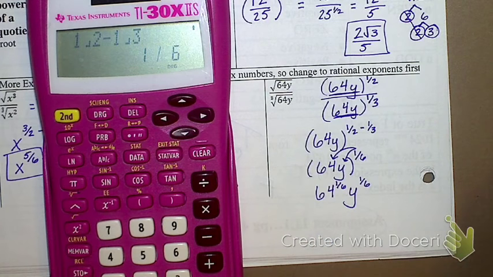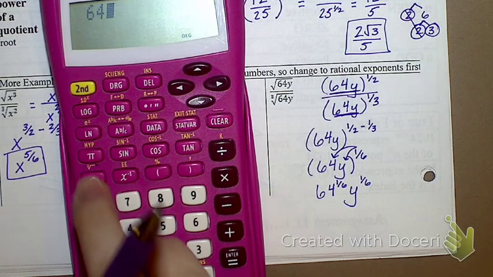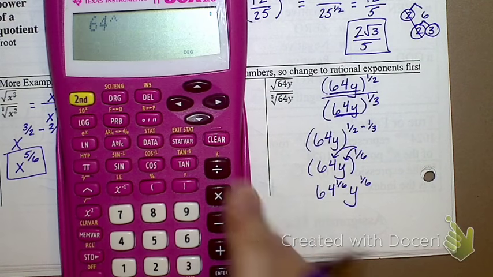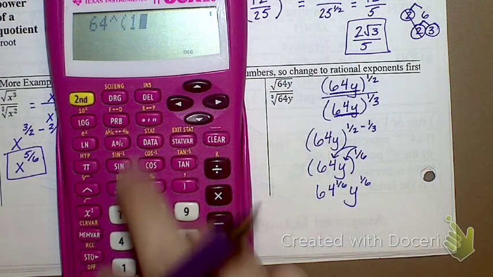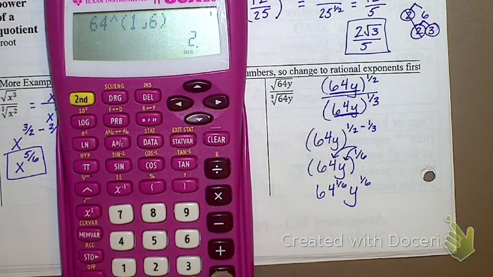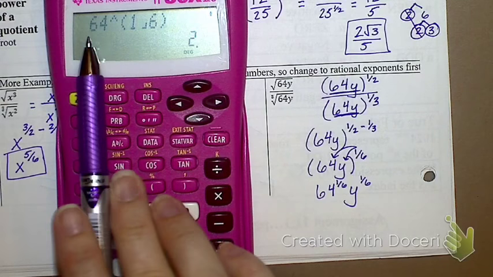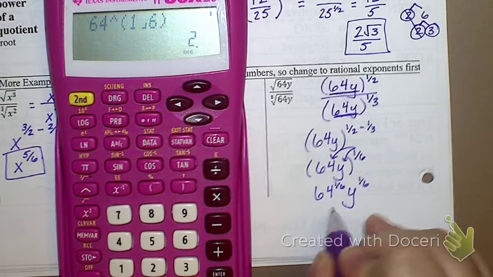Now I don't think I can do anything with the y, but the 64 I might be able to do something with. Let's try 64 to the, watch this, you ready? Parentheses 1/6, using my fraction button. Let's see if that works. Whoa. See what I just did there? 64 to the 1/6 is 2.